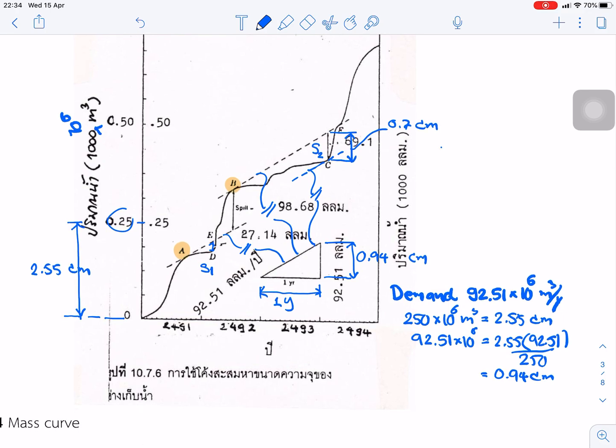So we can do the proportion. Because it is about 69 times 10 to the power 6, that is the storage. Okay, we choose the reservoir storage of about 69 million cubic meters.